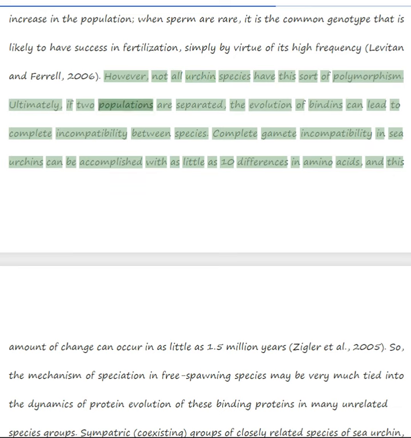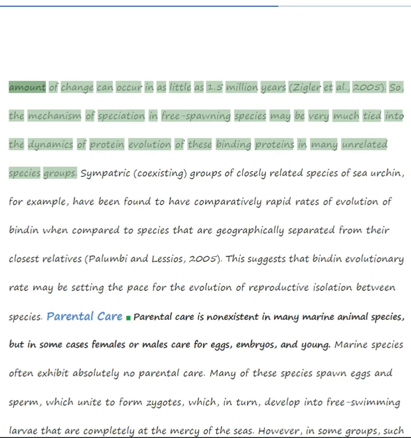Ultimately, if two populations are separated, the evolution of bindins can lead to complete incompatibility between species. Complete gamete incompatibility in sea urchins can be accomplished with as little as 10 differences in amino acids, and this amount of change can occur in as little as 1.5 million years. So, the mechanism of speciation in free-spawning species may be very much tied into the dynamics of protein evolution of these binding proteins in many unrelated species groups.